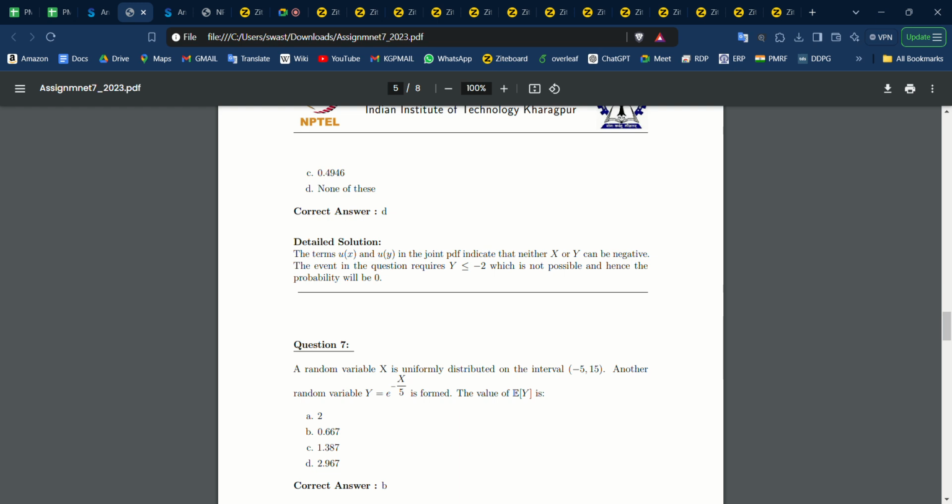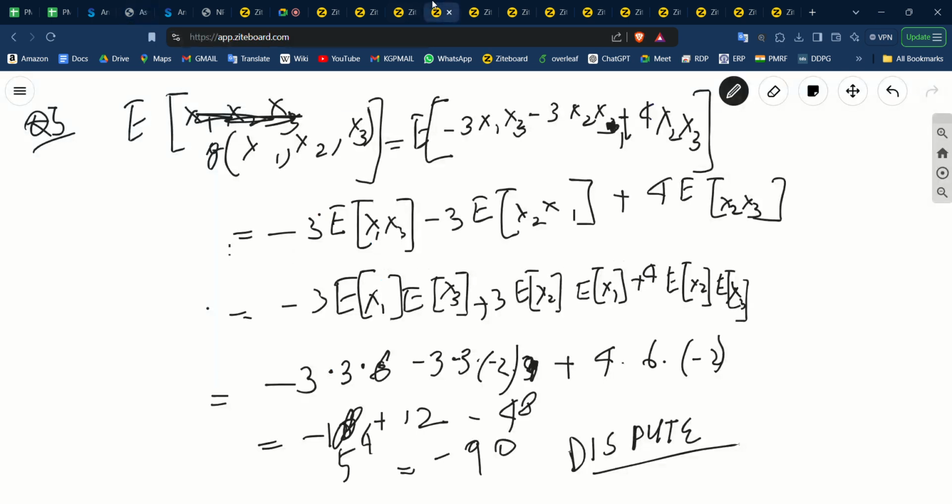A random variable x is uniformly distributed on the interval -5 to 15. Another random variable y equals e^(-x/5). Let's proceed. Expectation of y is the expectation of e^(-x/5).